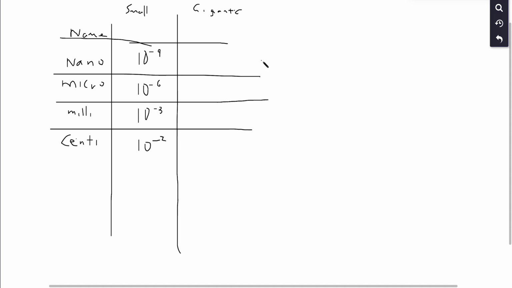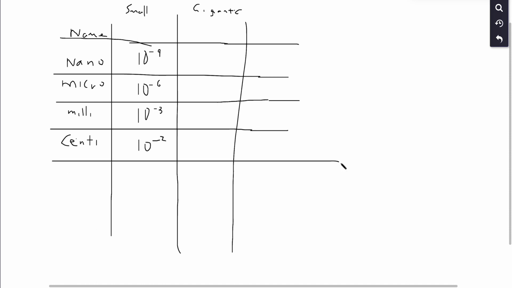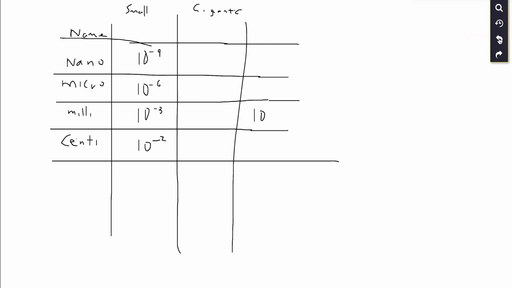And then on the right side, now let's talk about the large numbers. We can start off with kilo. Actually, give me a second. It should have been the other way.